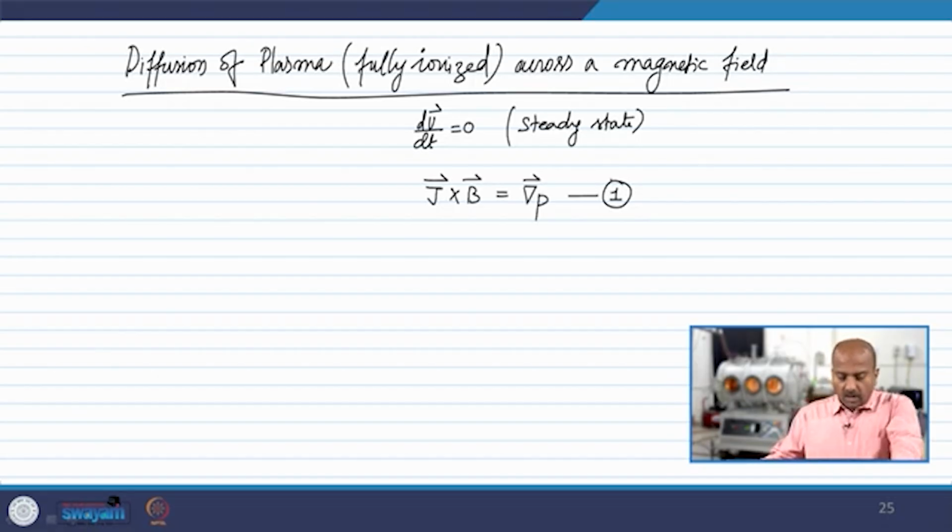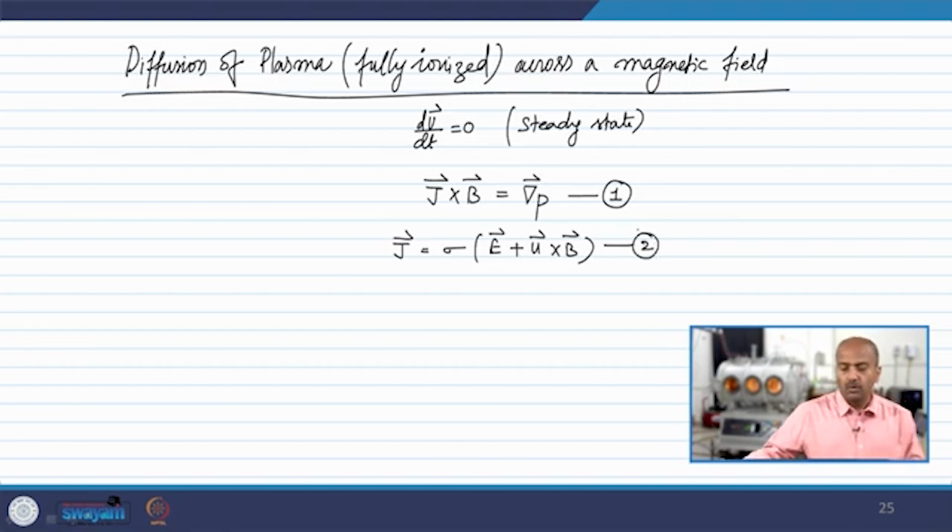Now, we can write the generalized Ohm's law in the simplified form: J, the current density, is sigma times E plus U cross B. We call this equation 2.